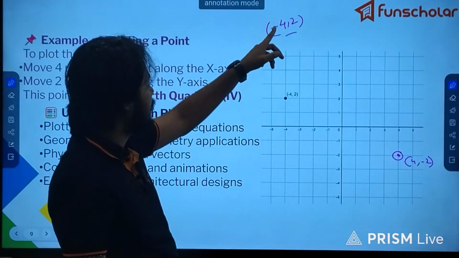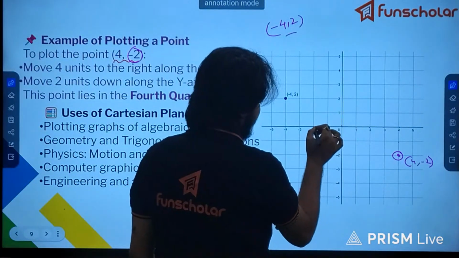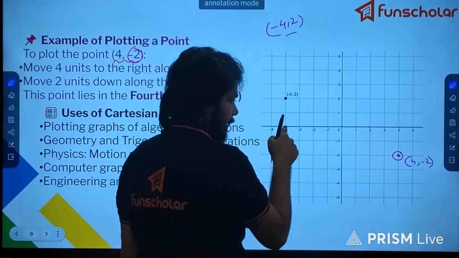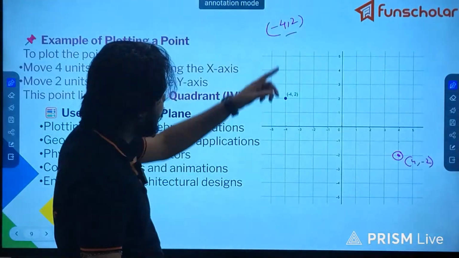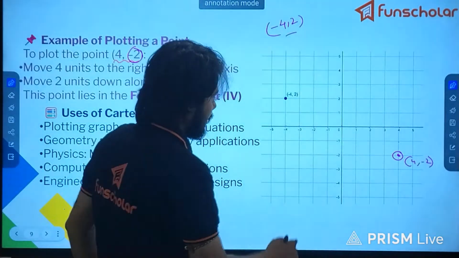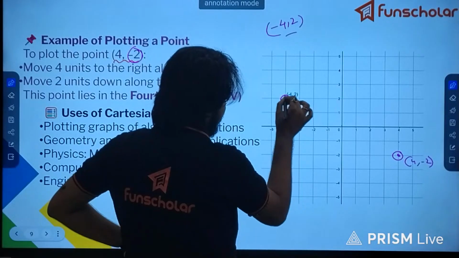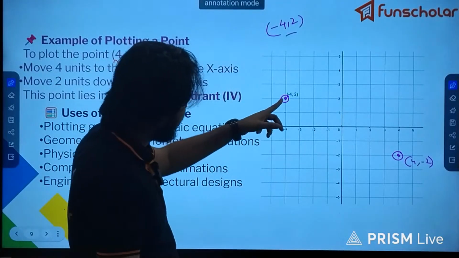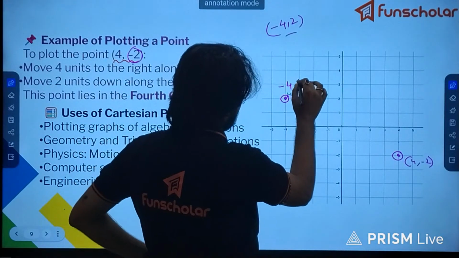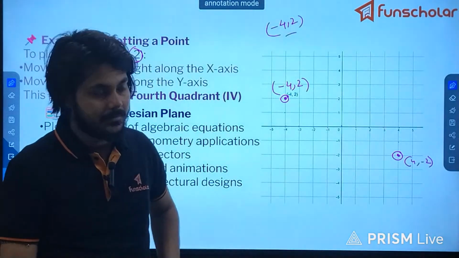As the x coordinate is negative, you must go to the left side. Minus 4, and 2 is positive, that means go in the upward direction. This is minus 4 comma 2 and this is 4 comma minus 2.